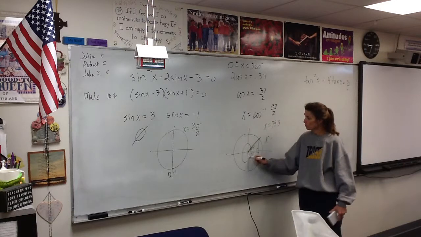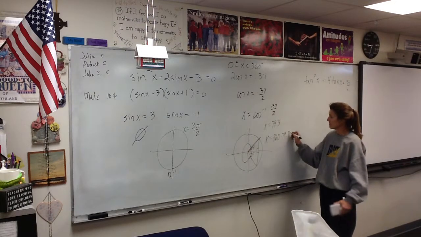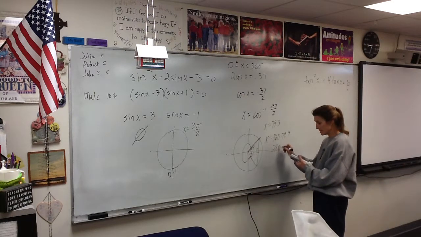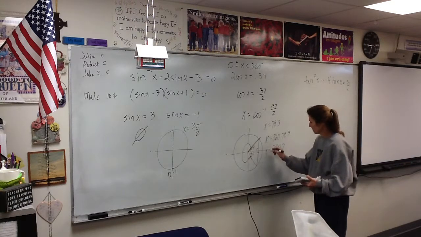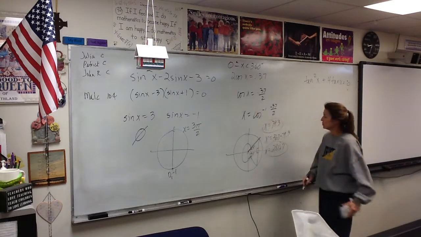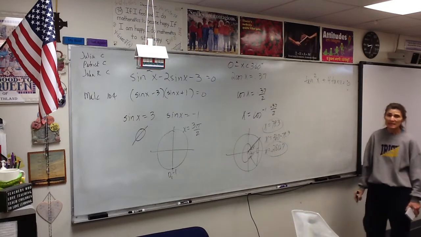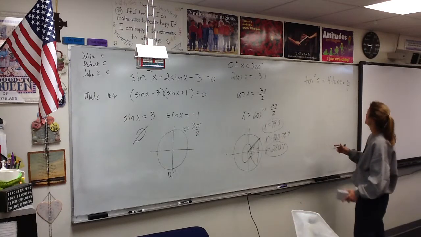In the fourth quadrant, the answer would be 360 minus 79.3, which is 280.7. So there are the two answers to the problem. Again, exactly like what you've been doing, except we had to use a calculator.